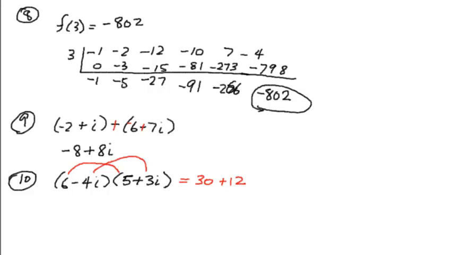And then I have my imaginary parts, which will be negative 20i and positive 18i. And then combining all that together, I should get 32 minus 2i.